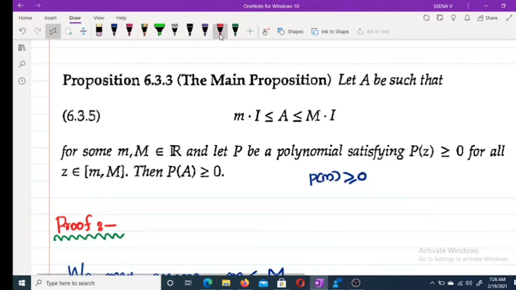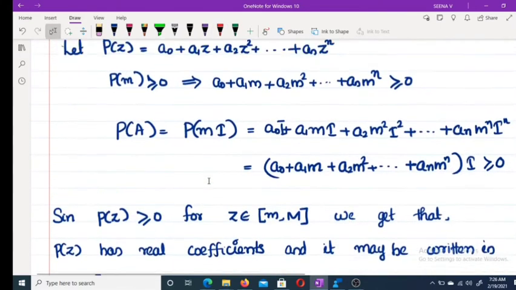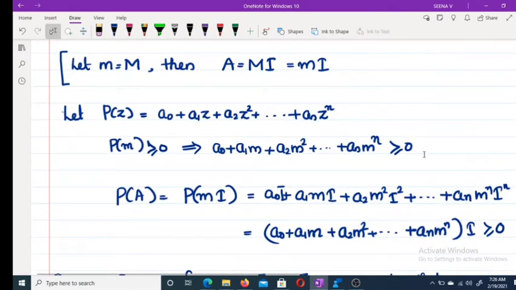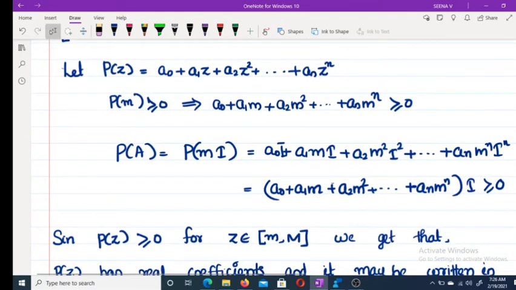P of m is a naught plus a1 m plus etc. plus a n m raised to n, and P of A is P of mI, which equals a naught plus a1 m I plus etc. plus a n m raised to n I. This portion is greater than or equal to 0, therefore this is also greater than or equal to 0. This implies P of A greater than or equal to 0.